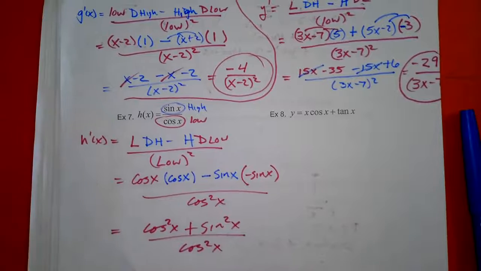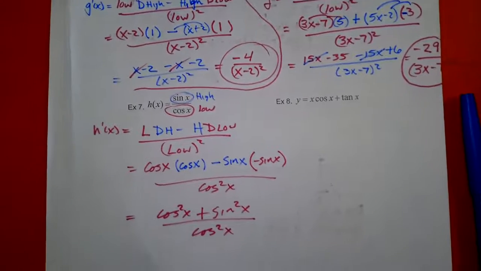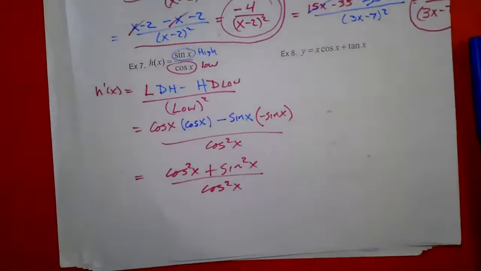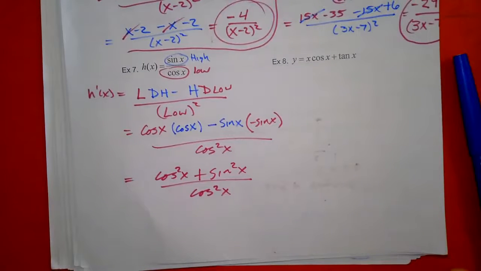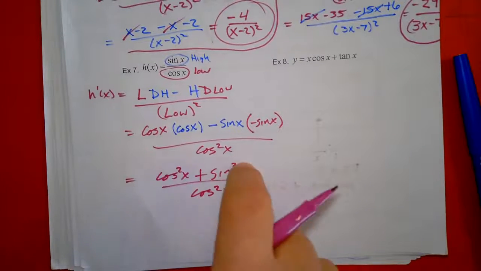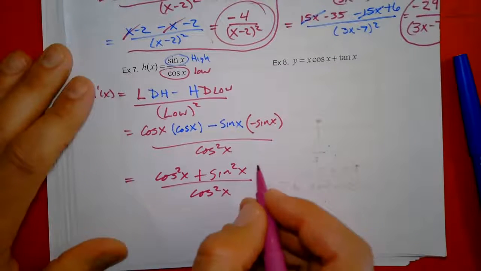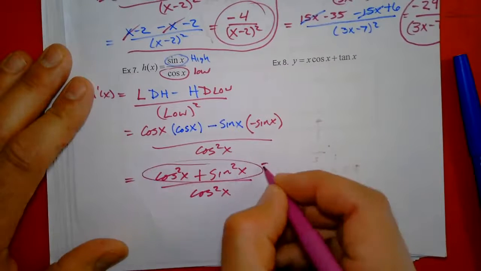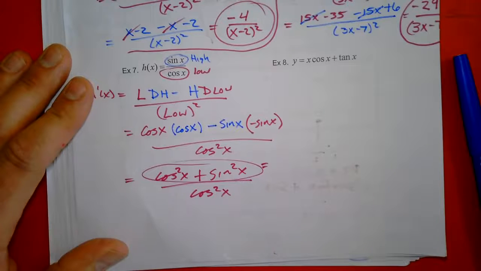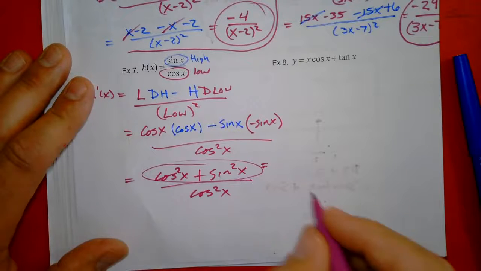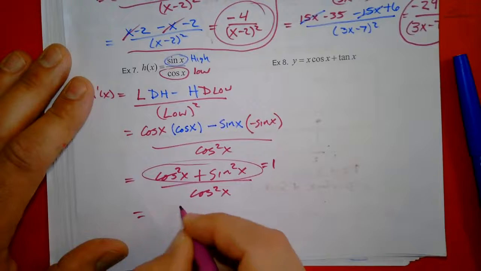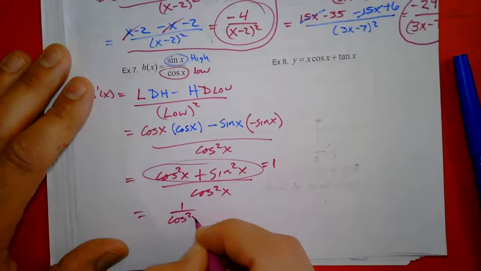Oh, Pythagorean identities. Here we go. What's cosine squared plus sine squared? You guys remember what this represents? That equals what? 1, right. So we get 1 over cosine squared.